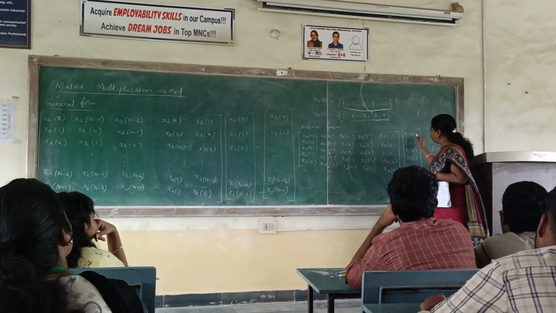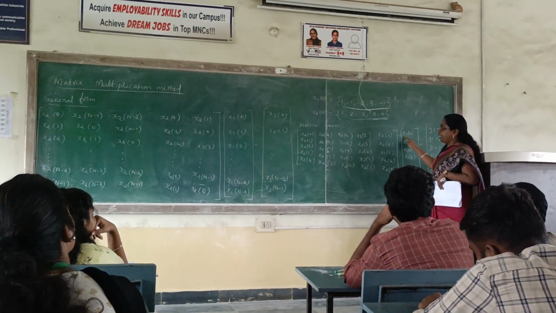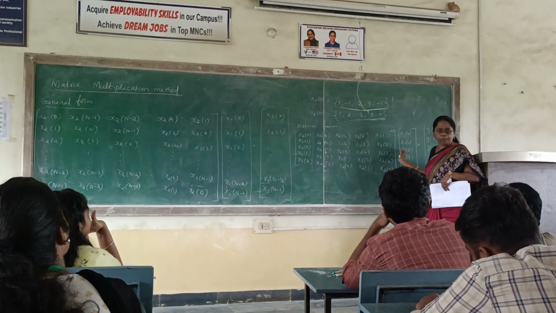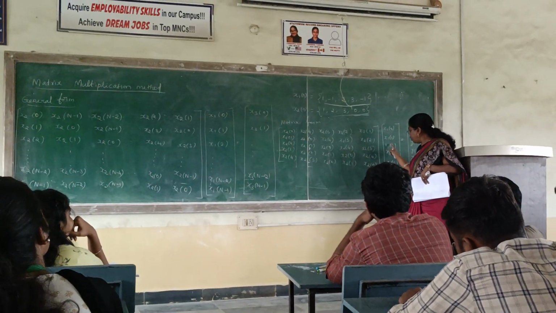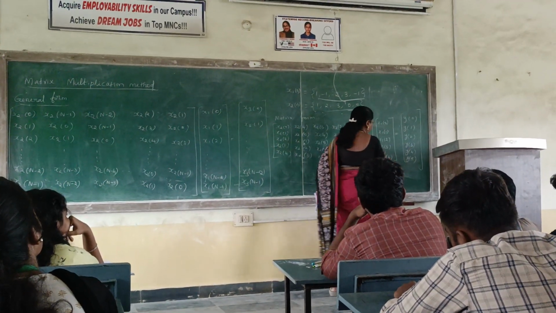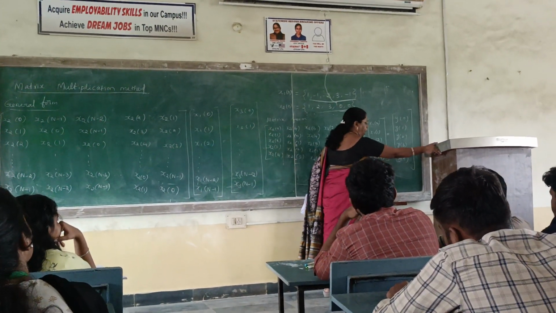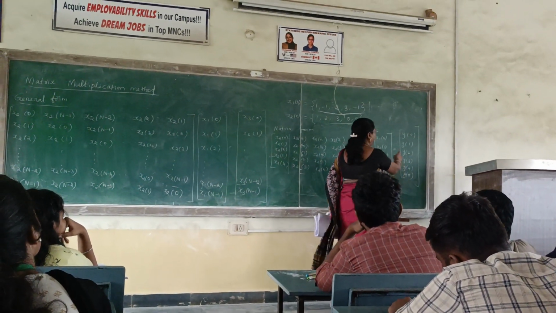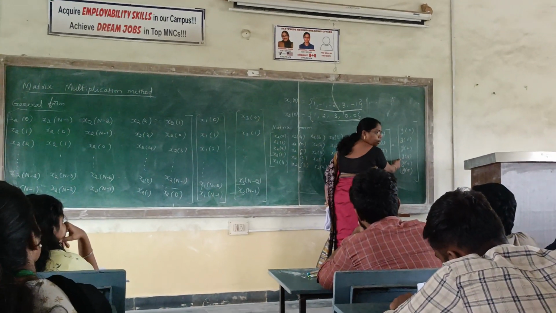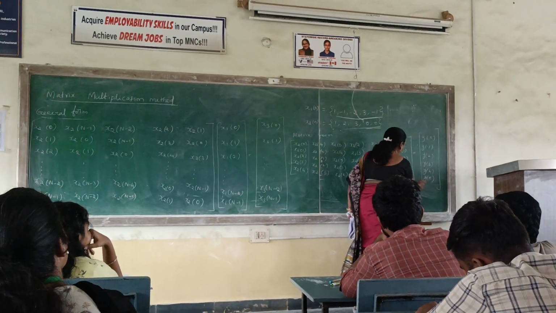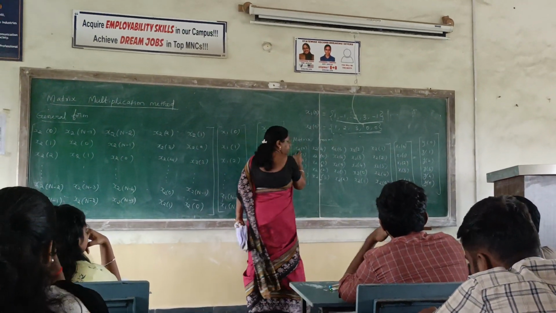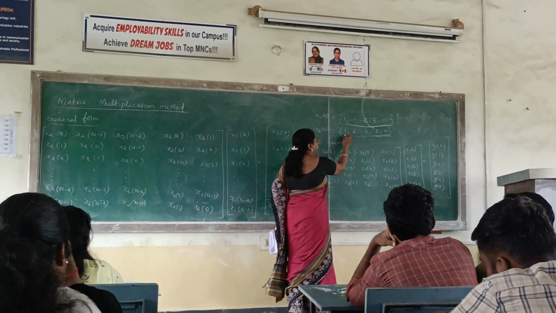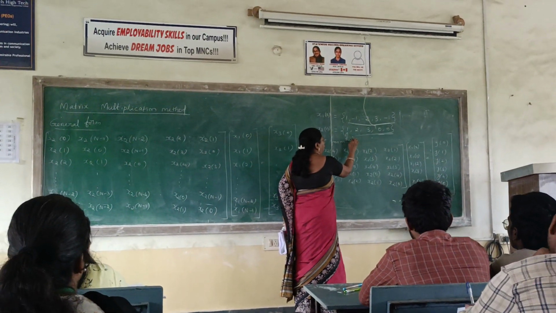And what am I supposed to do? That matrix should be multiplied with x1 of 0, x1 of 1, x1 of 2, x1 of 3, x1 of 4, and this is with respect to x2. The output should be y of 0, y of 1, y of 2, y of 3, y of 4, y of 5. Can you apply the values now? What is x2 of 0? x2 of 0 is 1.